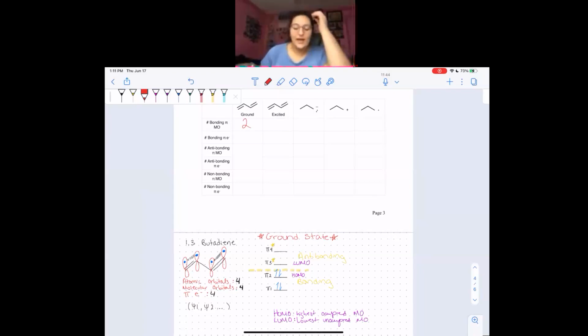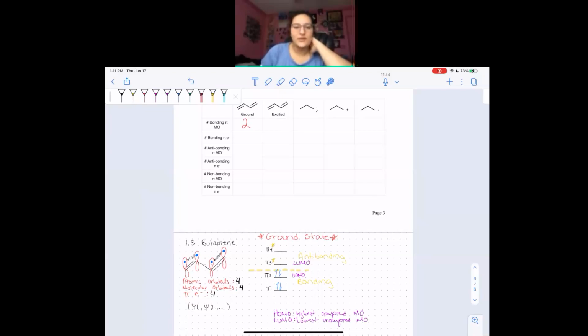Okay, so how many bonding electrons do we have in the ground state? 4. And you might be thinking, what is a bonding electron? So, a bonding electron is any electron that is in a bonding orbital.